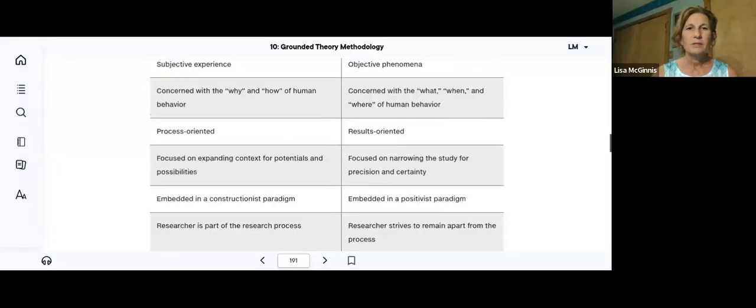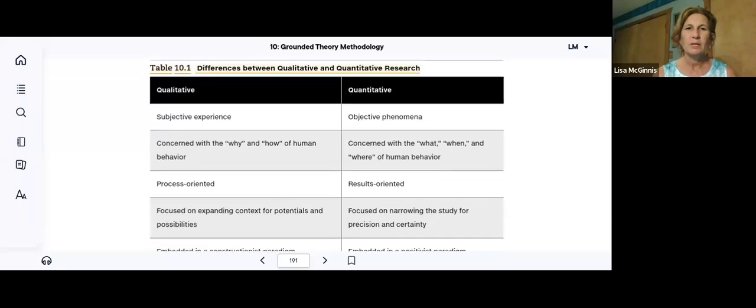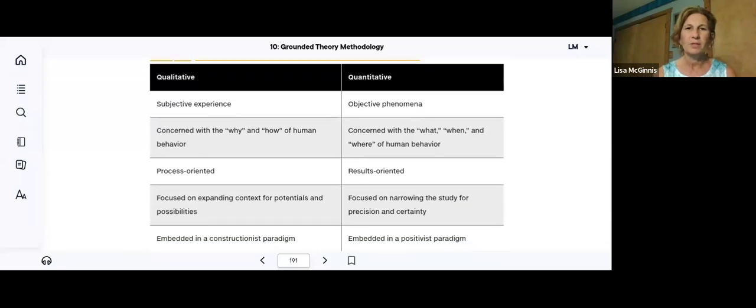And there's a great chart in your book. So this is on page 192, table 10.1, and it talks about the difference, gives us a good visual of the difference between qualitative and quantitative studies.